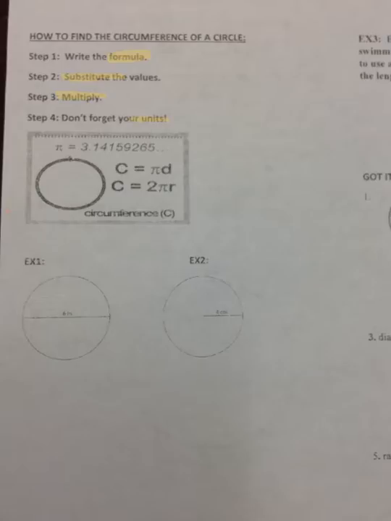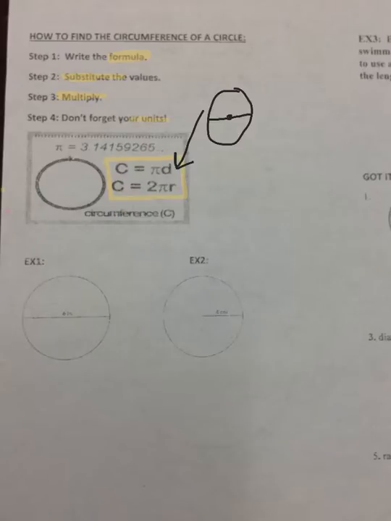For a circle, there are two formulas that we can use. One that we use when we're given a diameter, and one that we use when we're given the radius. The first one is C equals pi times D. D stands for diameter, which is the distance across from one side to the other passing through the center.